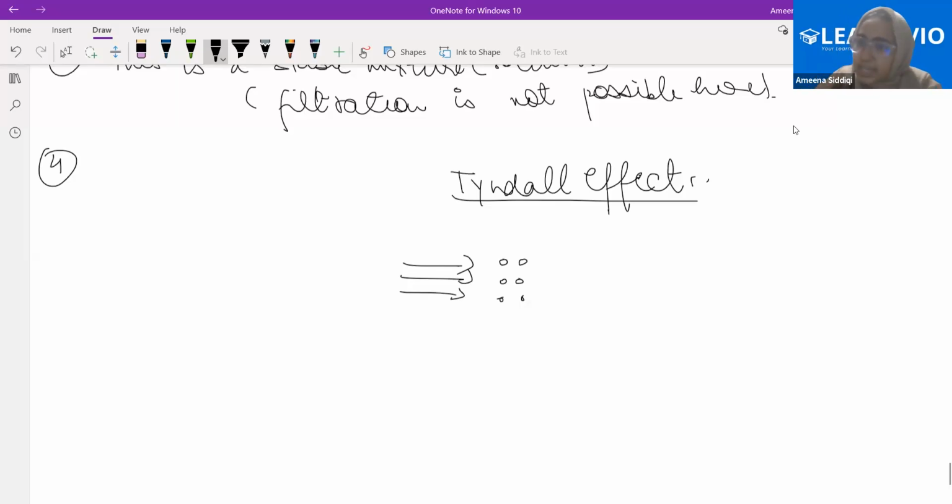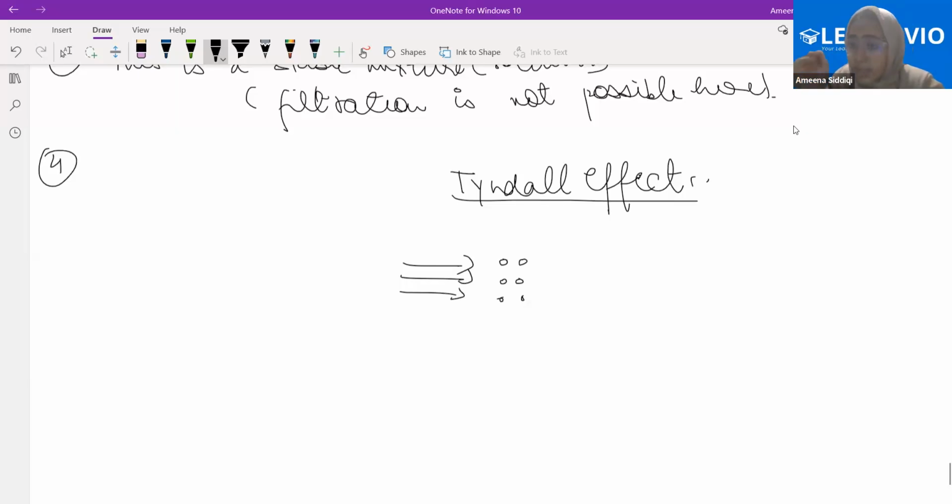Now, in case of solution, since the particle size is very small, what is the size of particles in solution? Less than 1 nanometer. That is very, very, very small. Therefore, the particles are not able to scatter the light.